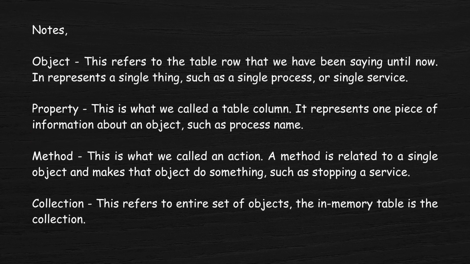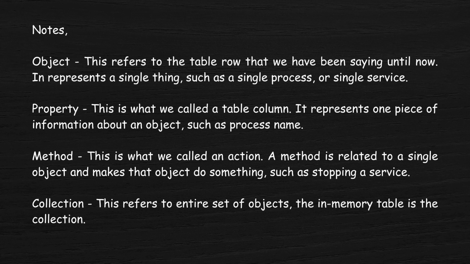Now time for some notes. PowerShell does not refer to this in-memory table as a table. Instead, the following terms are used. Object: this refers to the table row that we have been talking about until now. It represents a single thing such as a single process or a single service. Property: this is what we called a table column. It represents one piece of information about an object such as process name.